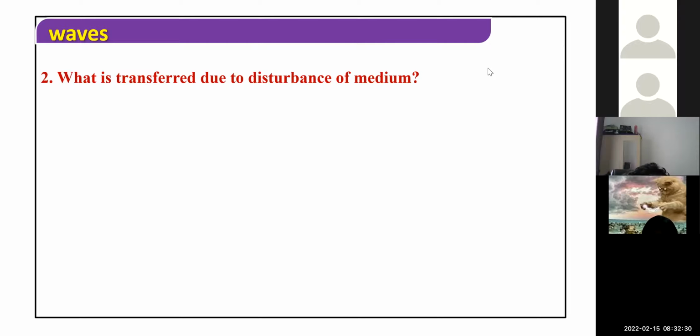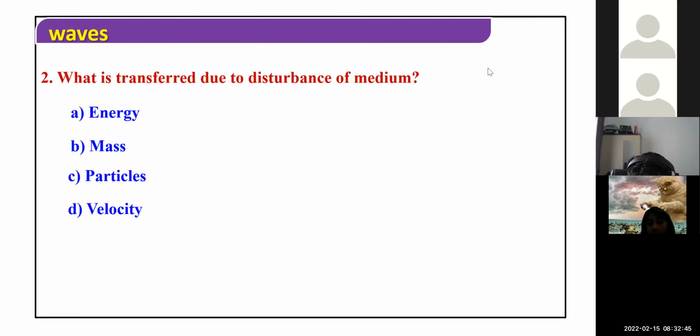What is transferred due to disturbance of the medium? Now, Kevin, they are asking about what is transferred. Let me show you the options, then you can find the answer. Energy transferred, mass transferred, particles transferred, or velocity transferred.